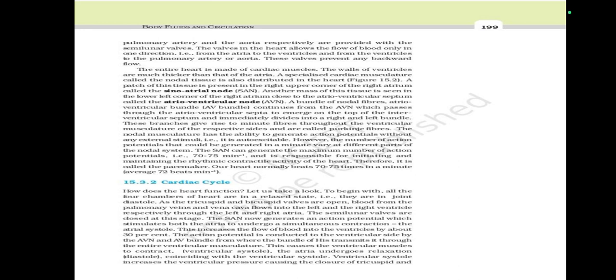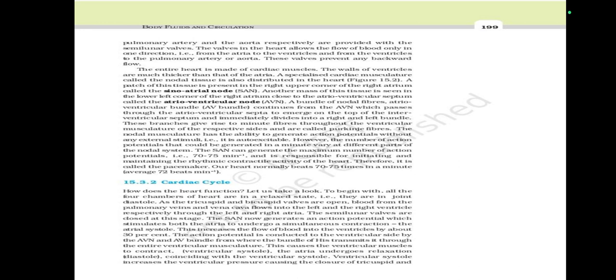The valves in the heart allow the flow of blood only in one direction, that is from the atria to the ventricles, and from the ventricles to the pulmonary artery or aorta. These valves prevent any backward flow. The entire heart is made of cardiac muscles. The walls of the ventricles are much thicker than those of the atria.